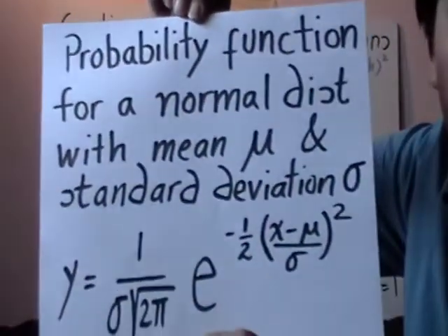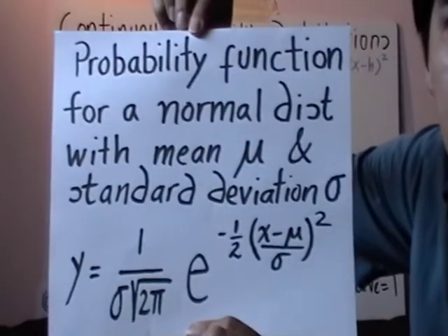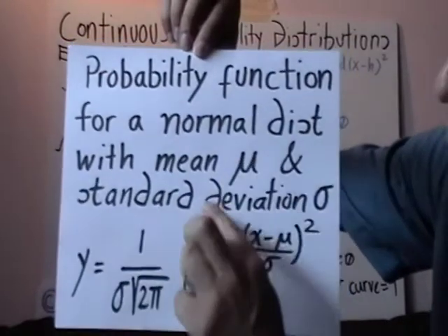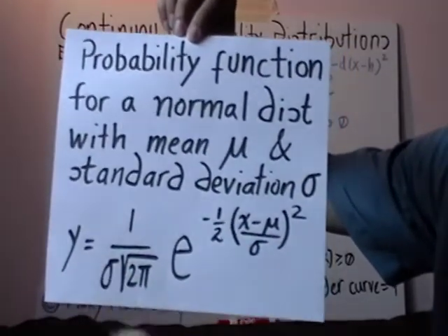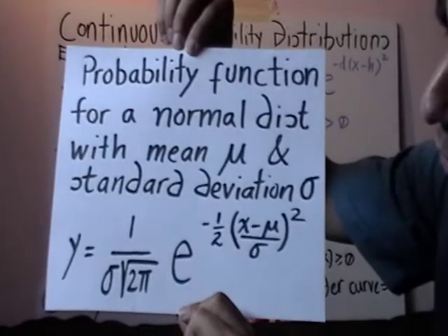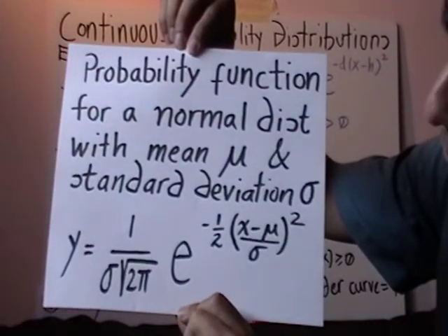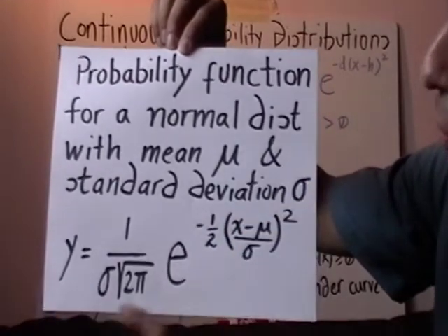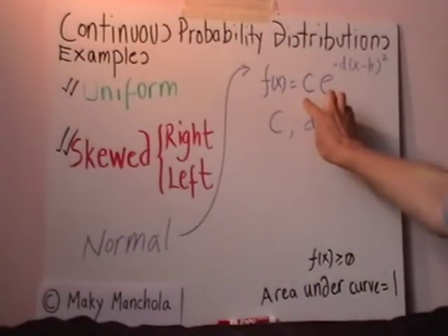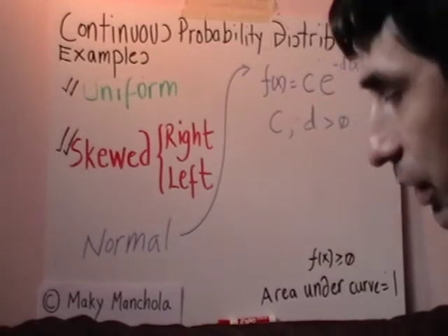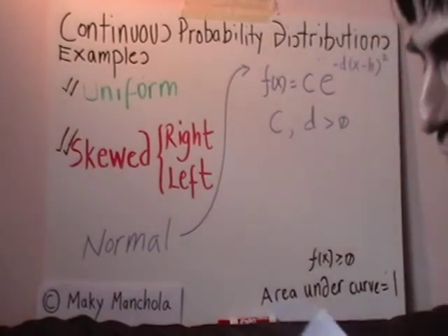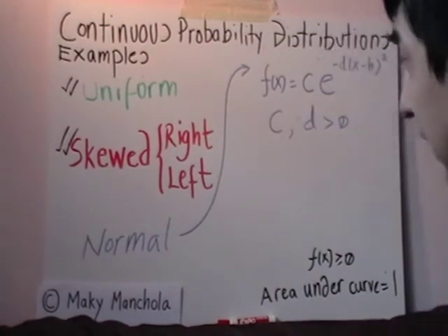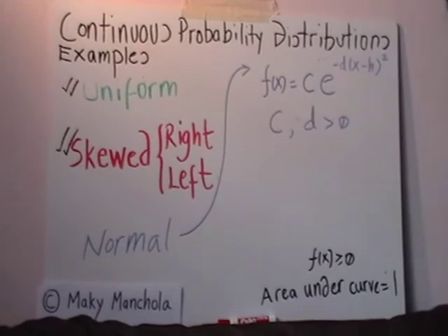A probability function for a normal distribution with mean mu and standard deviation sigma has this formula right there: y equals 1 over sigma square root of 2 pi, times e to the negative 1/2 times ((x minus mu) over sigma) all squared. So as you can see, c and d do depend on the mean and the standard deviation of the distribution itself.